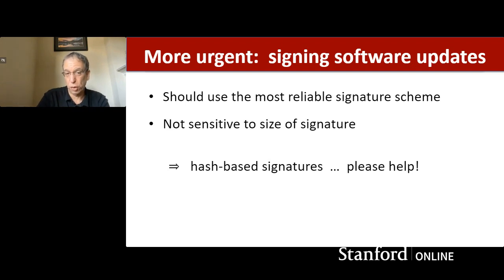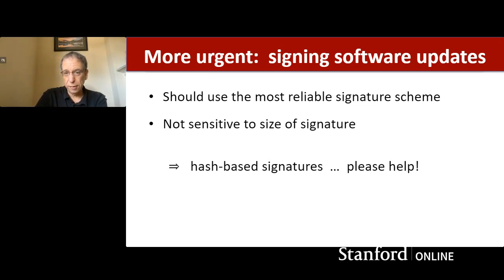So this is quite important to transition to. Hopefully, with your help, we can convince industry to do this move to hash-based signatures, at least for software updates. This is something that would be great to discuss more in the Q&A session, to see how we can speed this along.